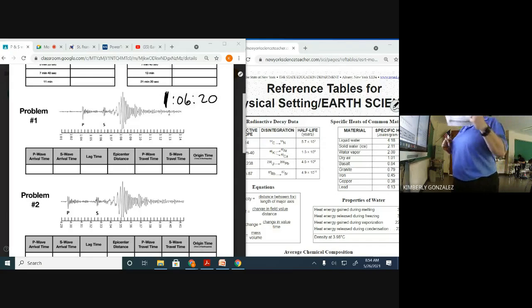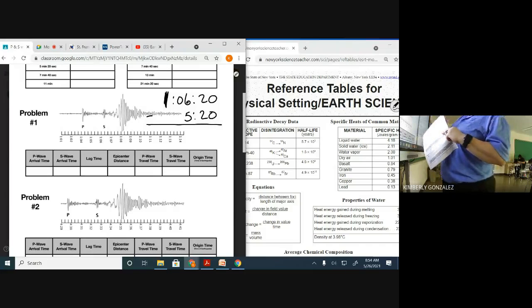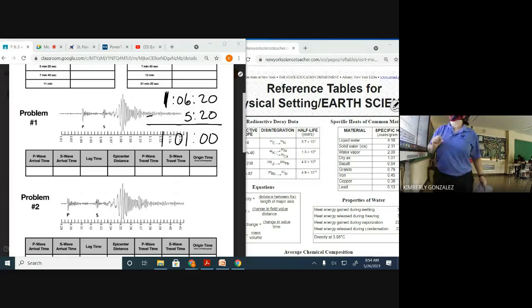It says that the S wave travel time was 5 minutes and 20 seconds. So you subtract those two and you end up with 1:01:00. And that would be your origin time. Now the reason I picked the S wave is because the numbers are super easy. You could have done the same thing with the P wave.